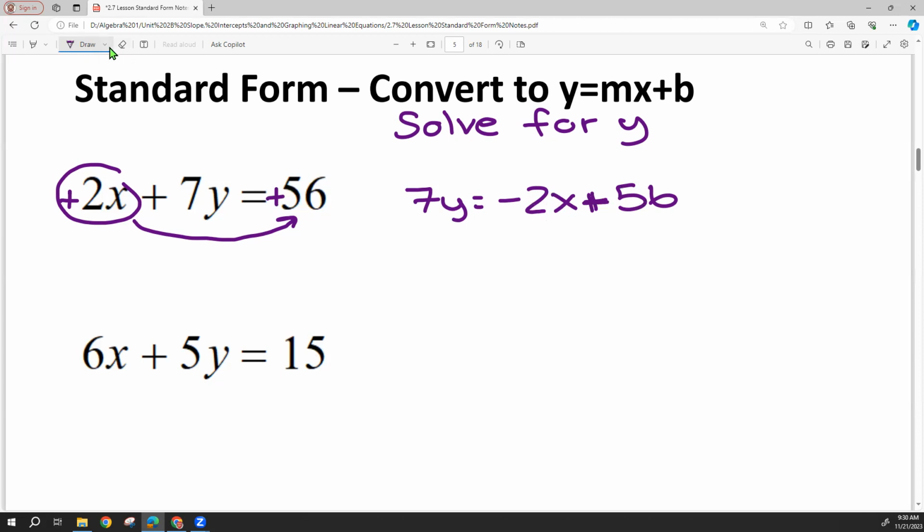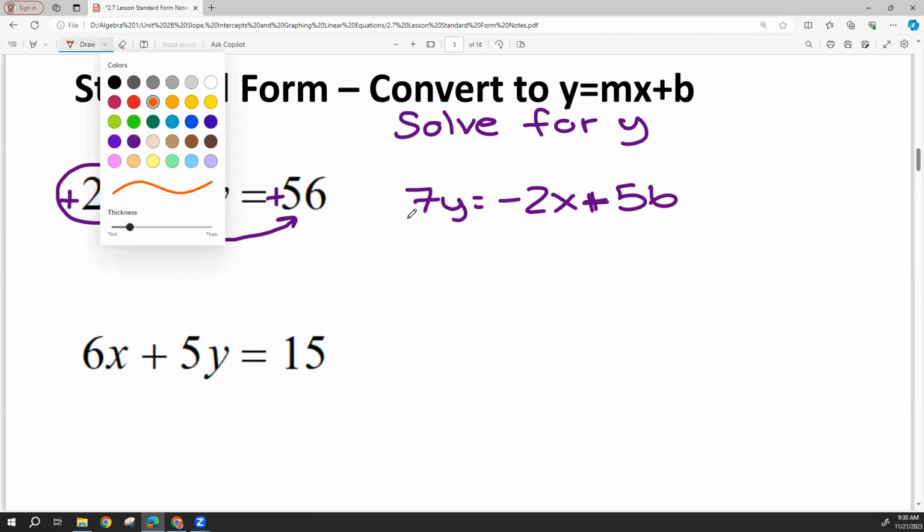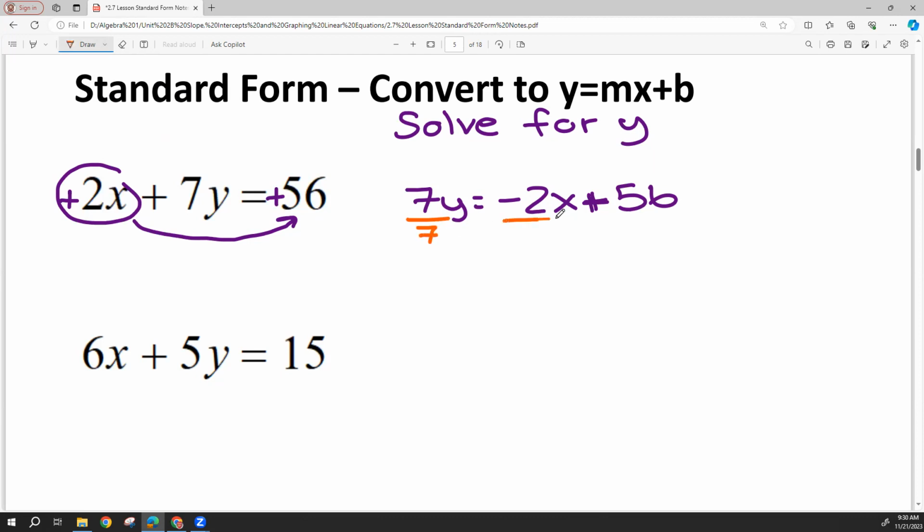And then the second step is to take that value that's in front of y and divide everything by it. So 7 is multiplying y, and so to bring the 7 over, I have to divide both of these pieces by 7.